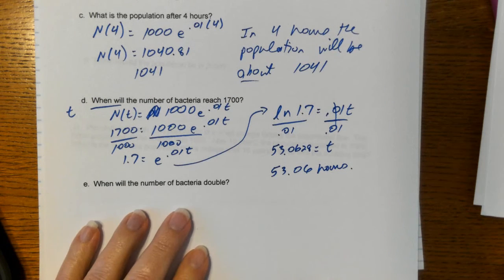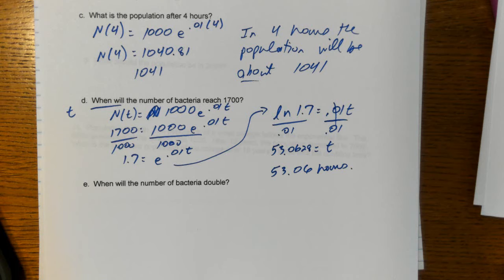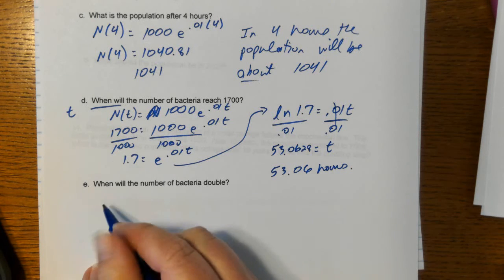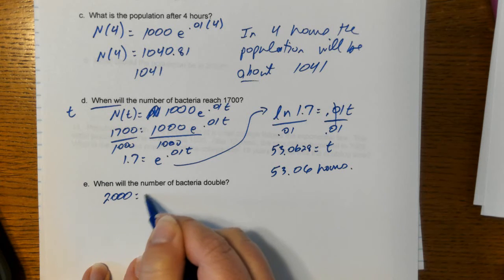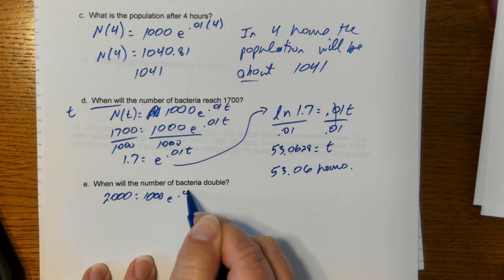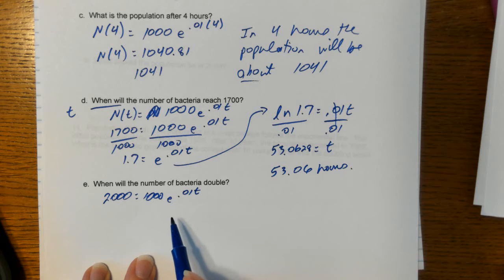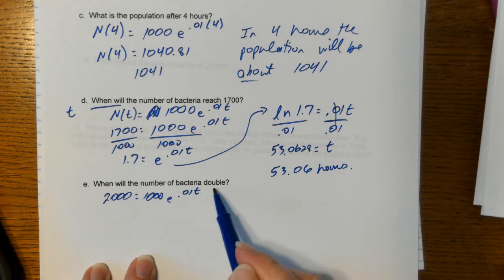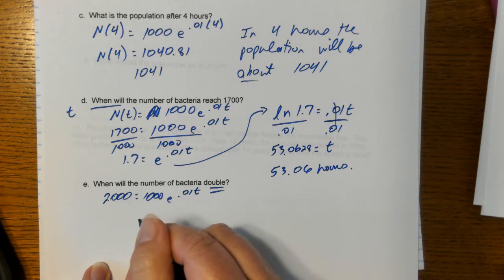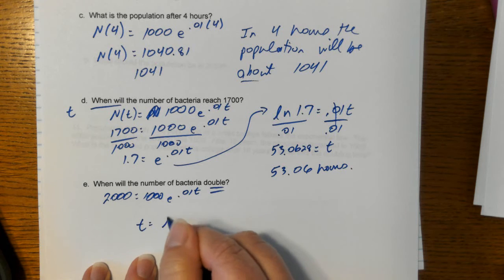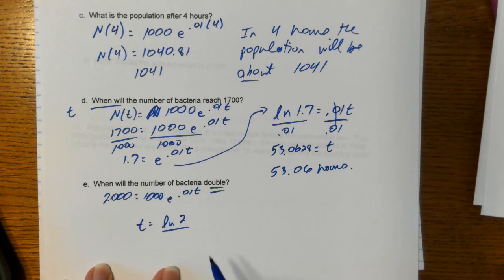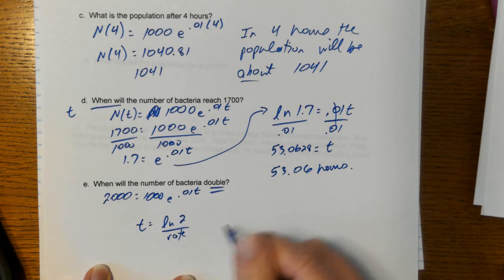And then they ask us in part E, when will the number of bacteria double? Now, we could say, well, if we're doubling, that means we're going from 1,000 to 2,000. So we could solve this equation right here for T. Or we could notice, oh, doubling, they want us to use our shortcut. So remember, our doubling time was ln2 divided by the rate. And in our case, the rate was that 0.01.